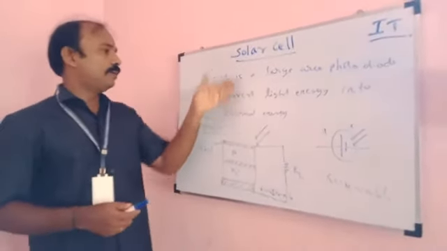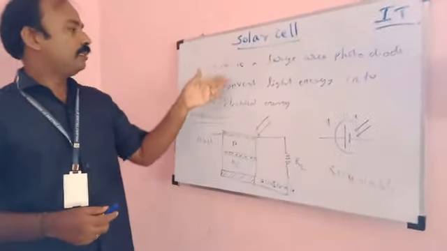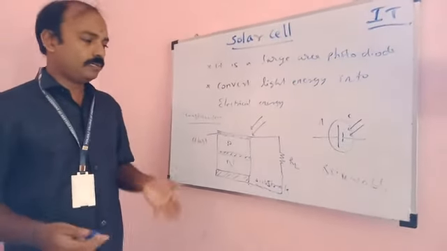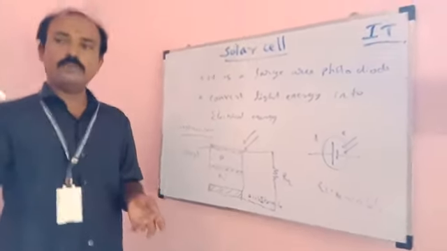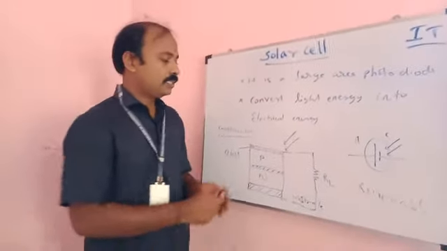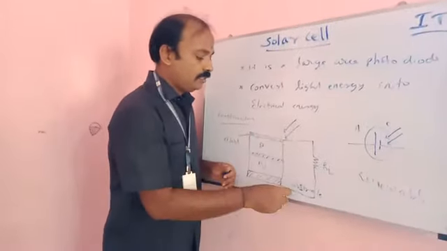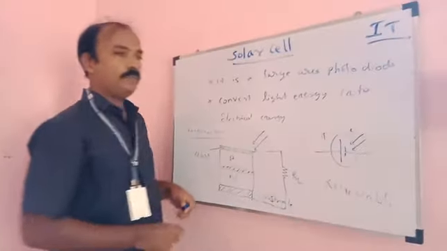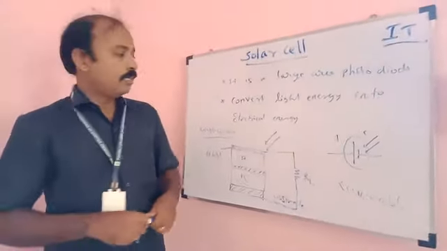So these are the principle, construction, and how it works. The working process is divided into two: one is without the load resistance, and the second one is with the load resistance. Without load resistance what happens, then with the load resistance what happens.